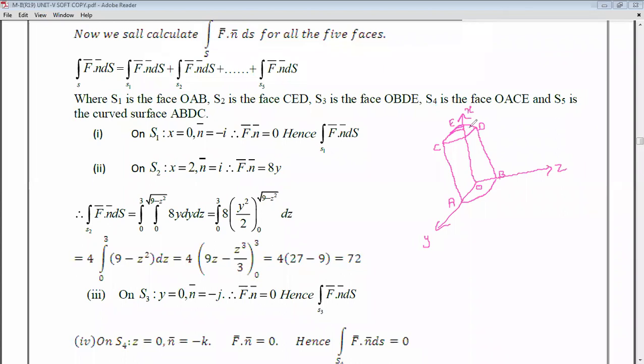So this is the X is equal to 2 line. So X is equal to 2, and here in the YZ plane, X is equal to 0, height.